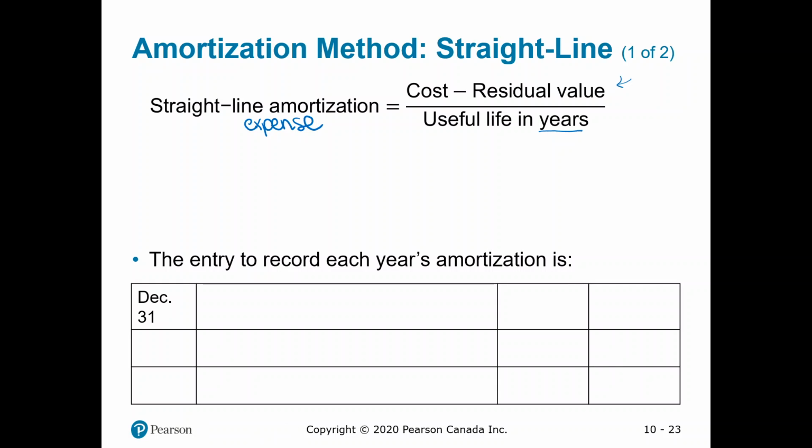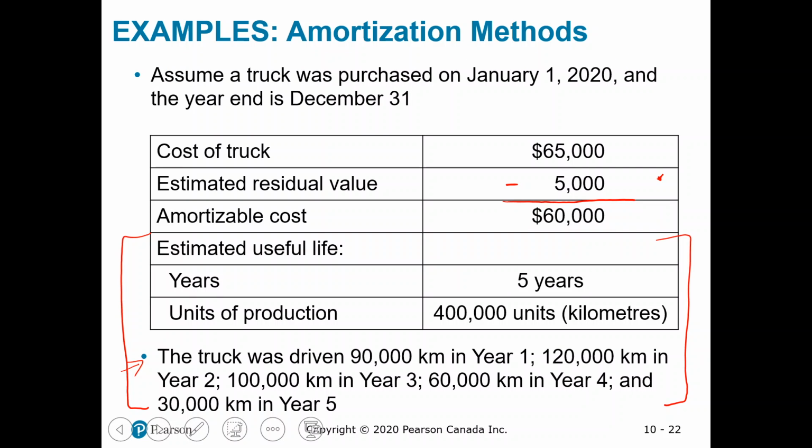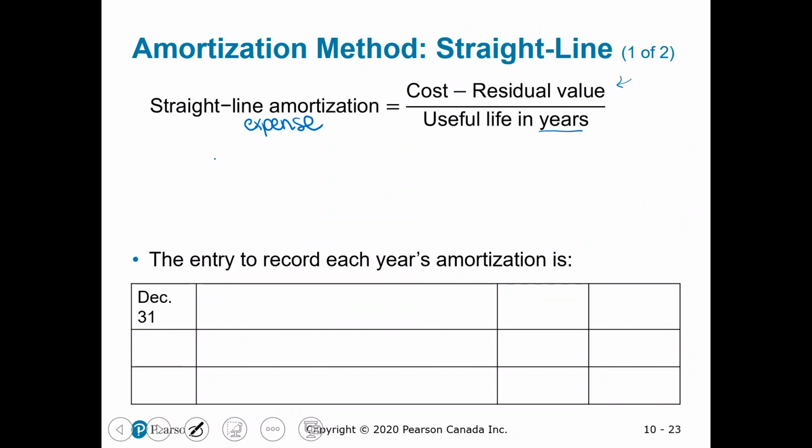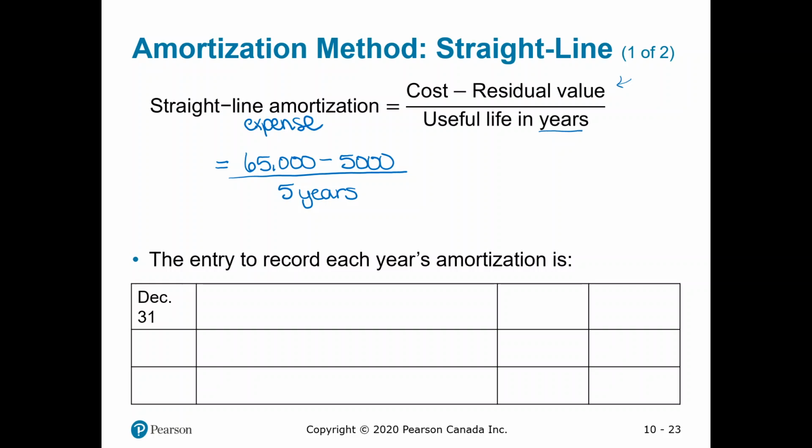So for our example, cost is $65,000, residual value $5,000, and it's an estimated life of 5 years. So we can calculate this. Cost of $65,000 minus $5,000, and we divide that by 5 years. So what do you get as our amortization expense per year?